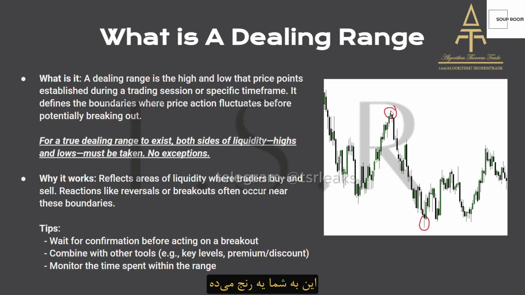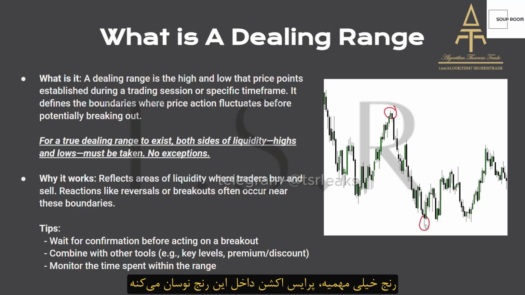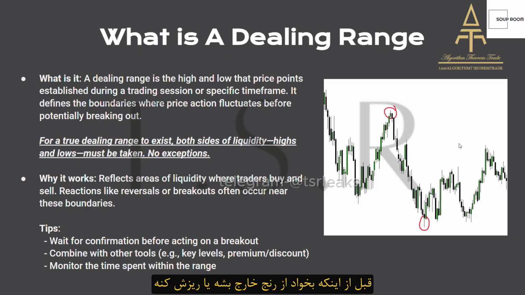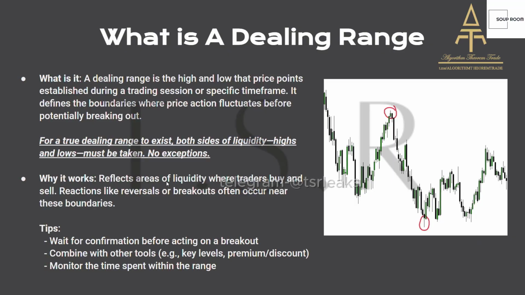This will tell you a range. It will create a range on your chart so that you can visualize price action within it. Price action will fluctuate within the range before either breaking out above or below.